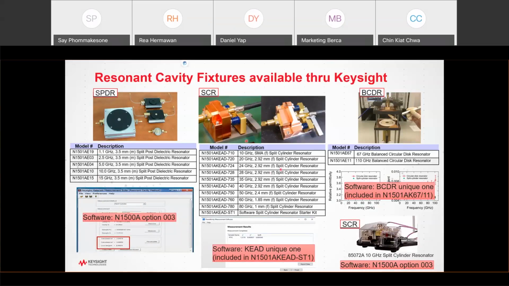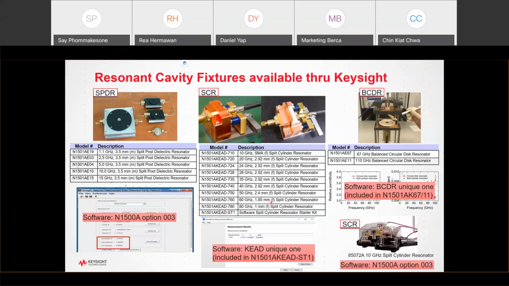And this one here basically aims for higher frequency or millimeter wave frequency, especially 5G FR2, which starts at about 28 gigahertz. Some of the 5G frequency uses FR1, which is sub 6 gigahertz, below 6 gigahertz, so it can use one of these fixtures.